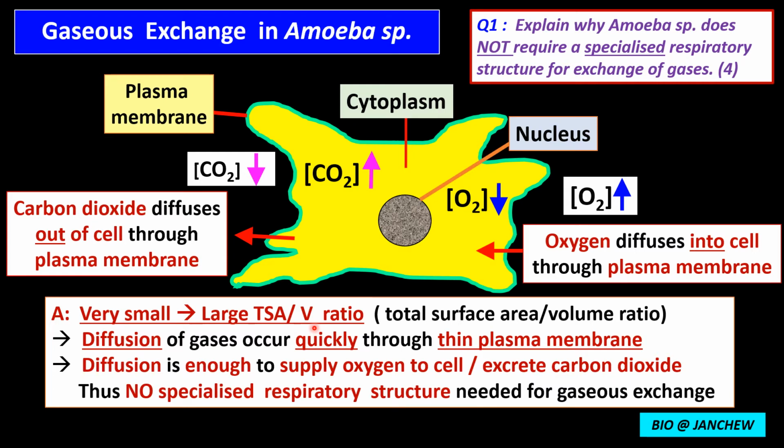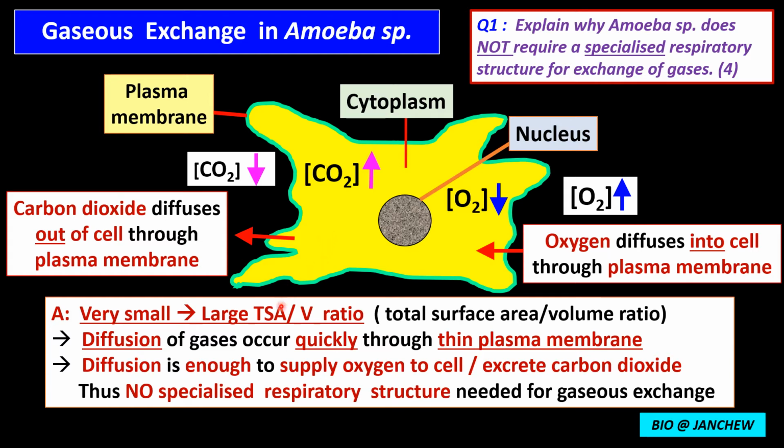And the diffusion of gases occurs quickly through the thin plasma membrane because of its large total surface area. The larger the total surface area of the surface, like the plasma membrane of the organism, the faster the diffusion of gases through it.